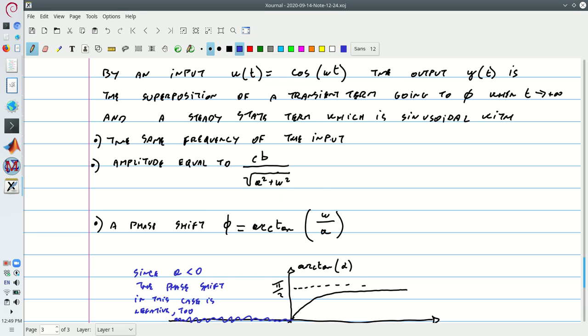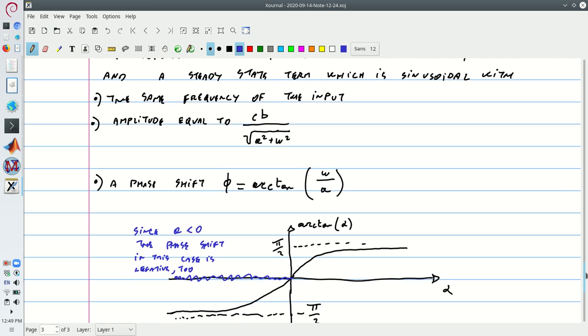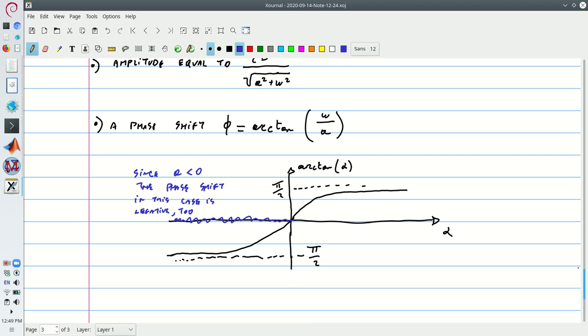Okay, so this is a full quantitative characterization of what happens if you inject a sinusoidal input into a first order linear bounded input, bounded output system. So we know exactly now what we are going to get.